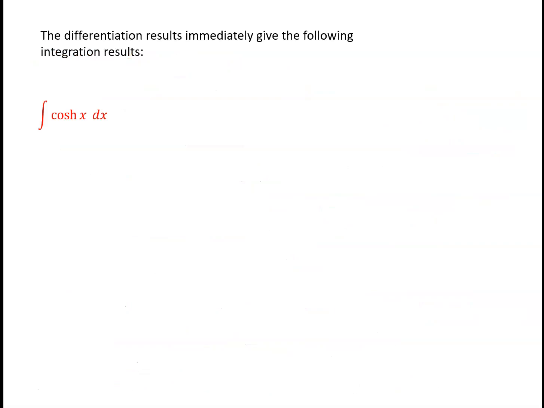The differentiation results that we had immediately give us some integration results. We know that cos x is the derivative of sin x, so therefore the integral of cos x is sin x plus the constant of integration.